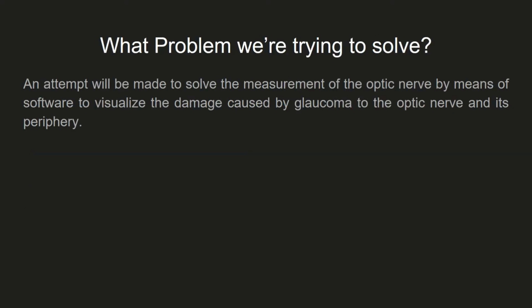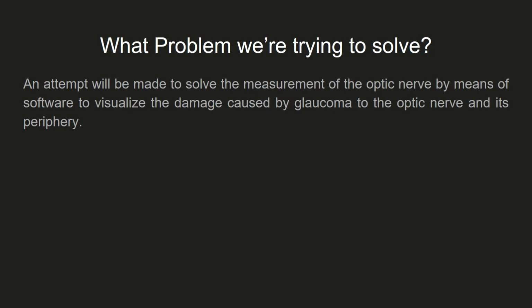What problem are we trying to solve? We will attempt to solve the measurement of the optic nerve by means of software, to visualize the damage caused by glaucoma to the optic nerve and its periphery.